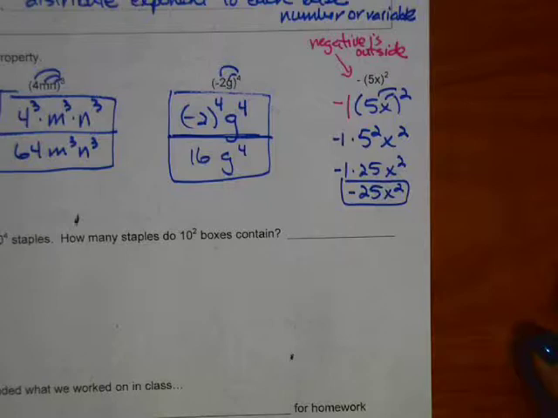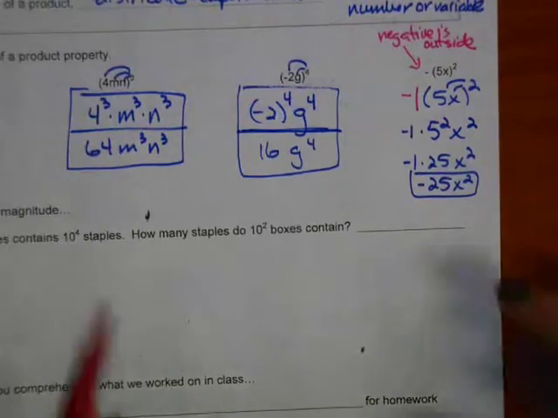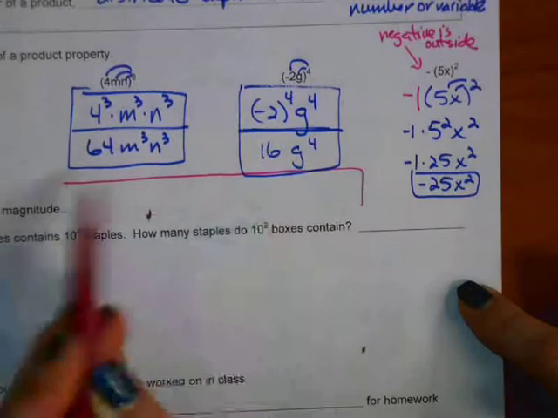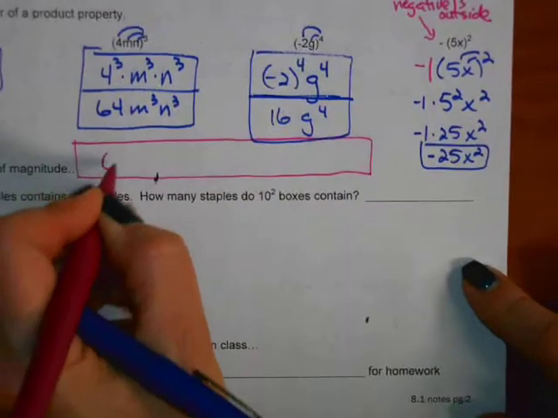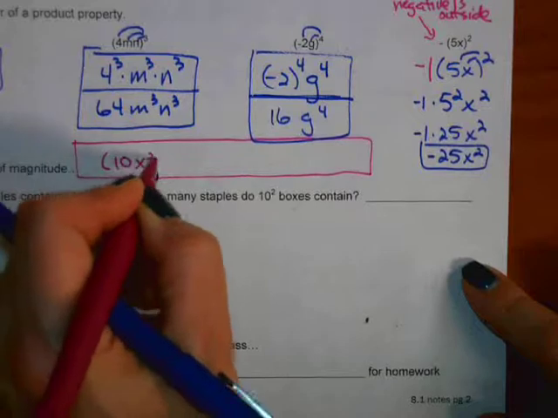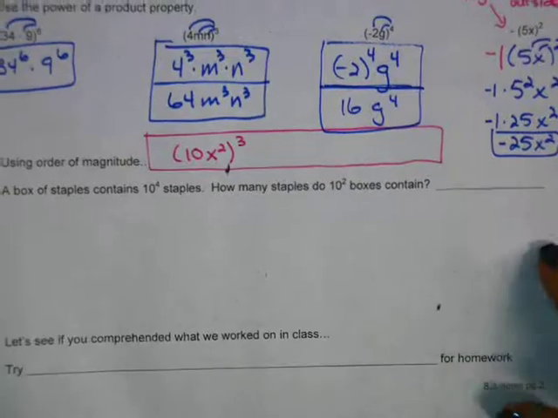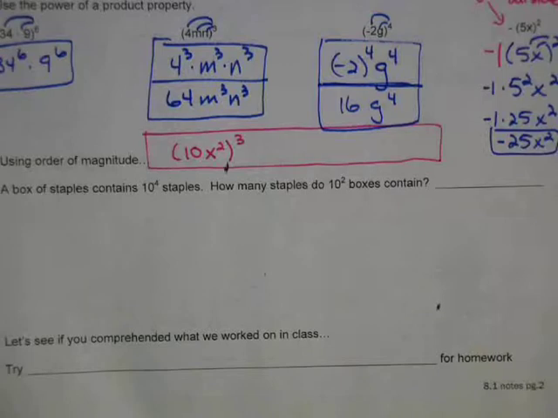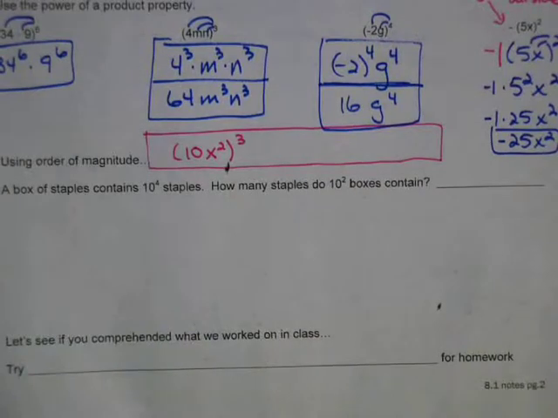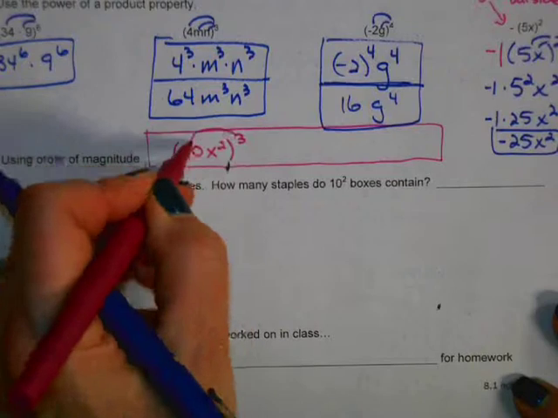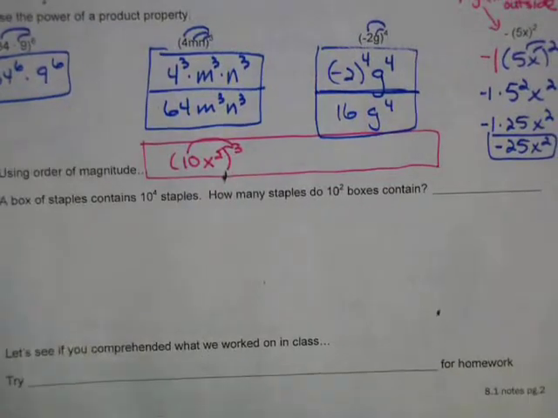Now I'm going to add one problem in here that kind of came up when they were doing the worksheet, so I'm just going to put like a little square here. And put this problem down, 10x squared to the 3rd. Put that one in there. It's the same as the rest of them. What did we do on the rest of them? We put the 3 on both of these, but oh, wait a minute. It's bringing in 2 properties.